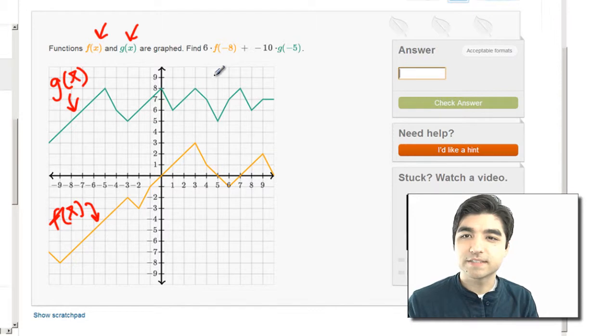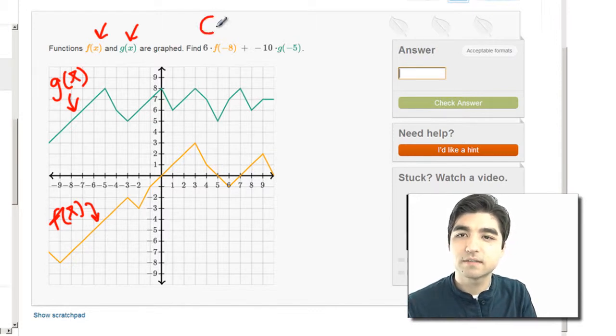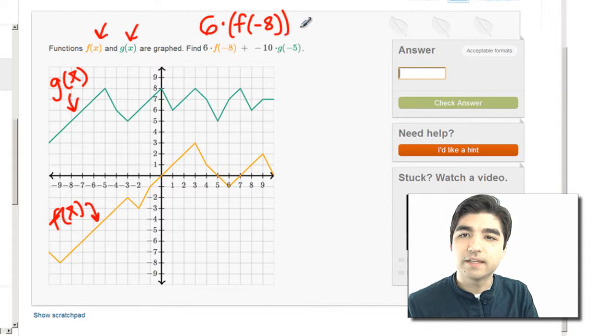And it says find 6, I'll write it bigger for you, times f of -8, and then it says plus -10 times g of -5.